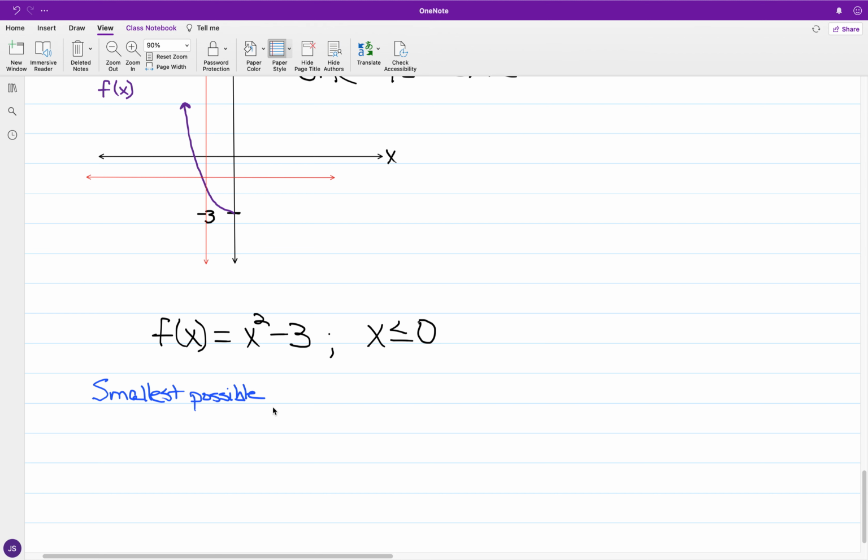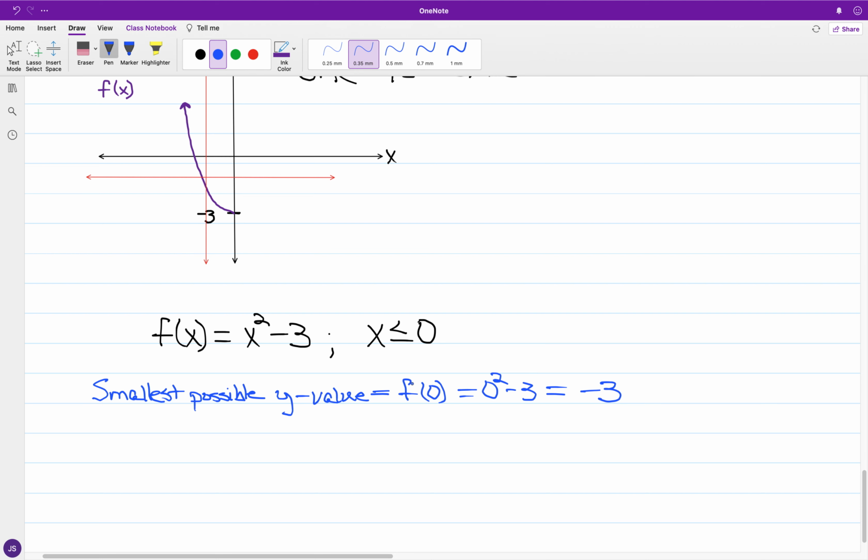The smallest possible y value is going to occur whenever x is at 0. Okay, and so for the smallest possible y value, this will come out to negative 3.